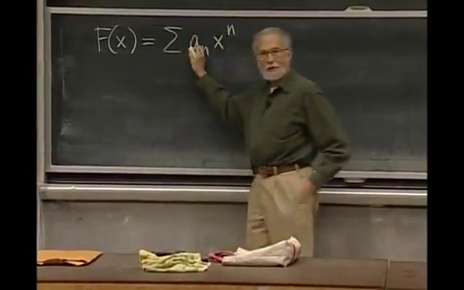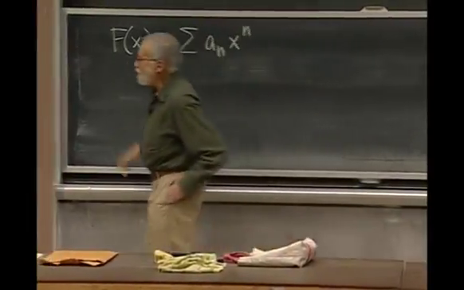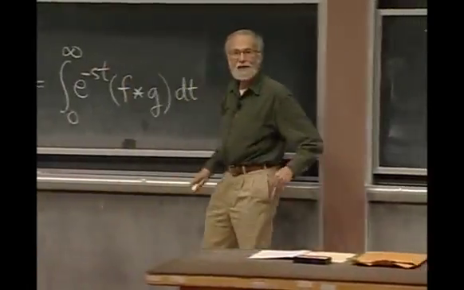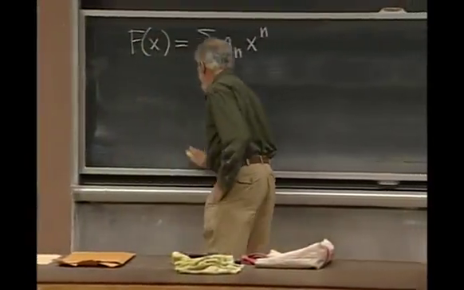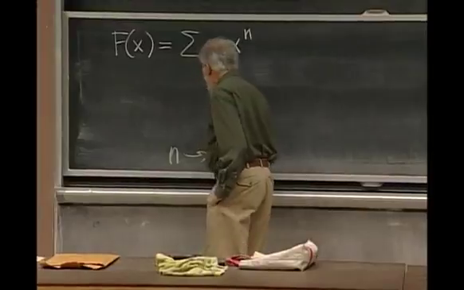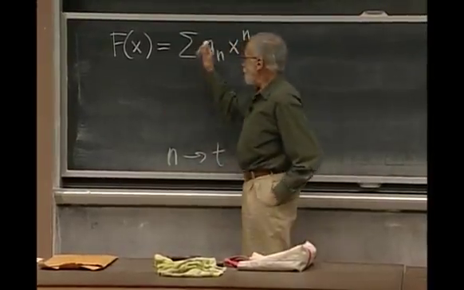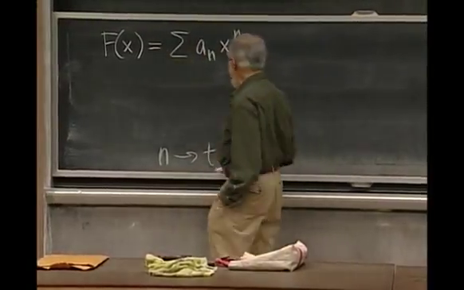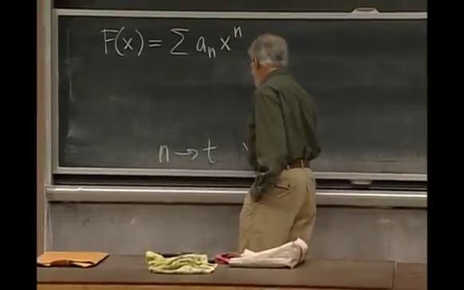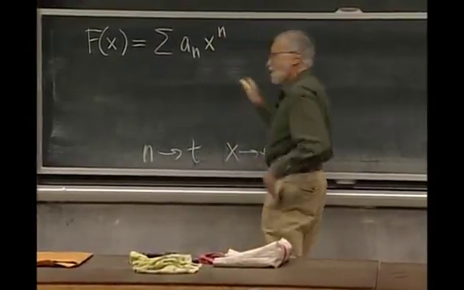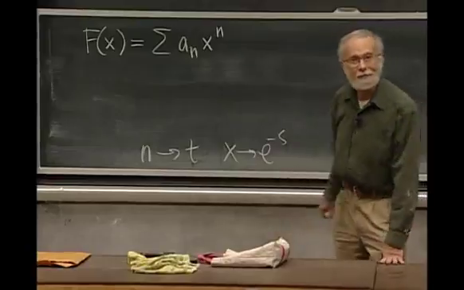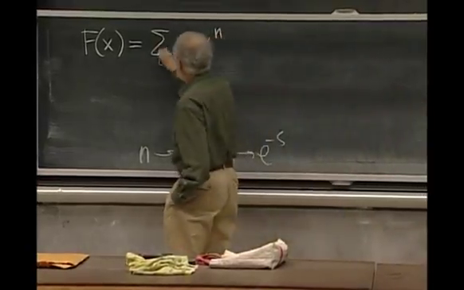Remember, you can write this in computer notation as a of n to make it look like f of t. And the analog is that n is turned into t when you turn a power series into the Laplace transform, and x gets turned into e to the negative s, and one formula just turns into the other. Okay, so there's a formula for f of x.